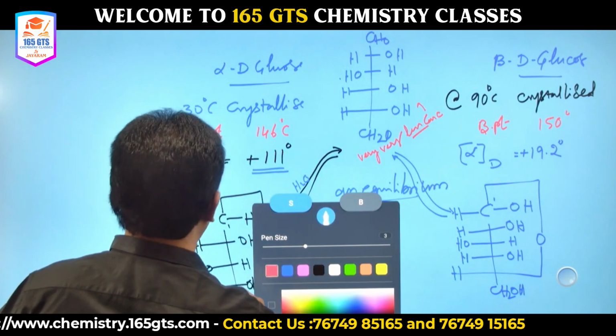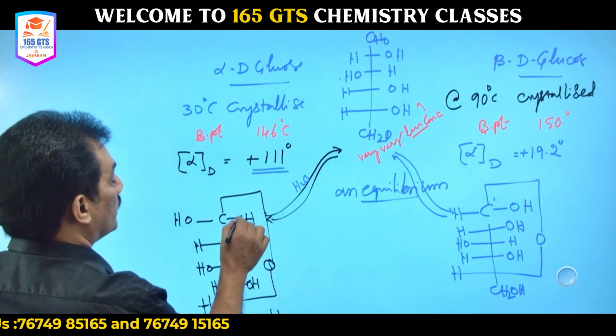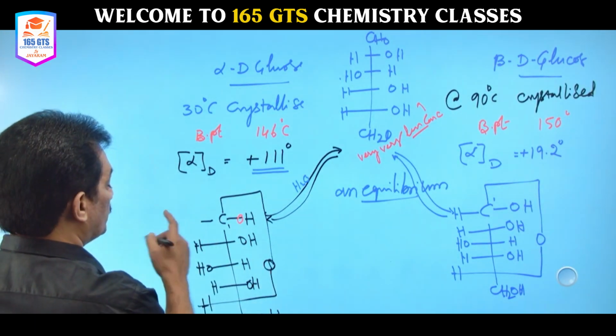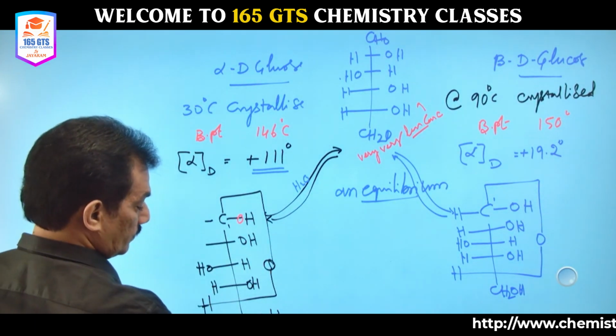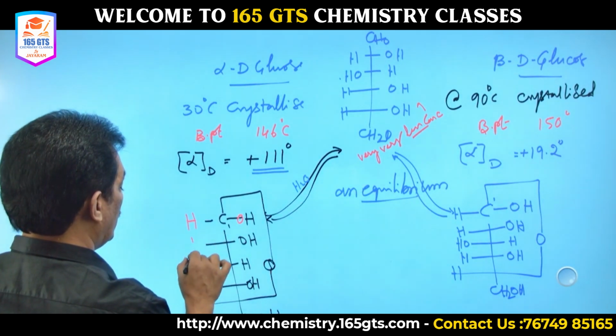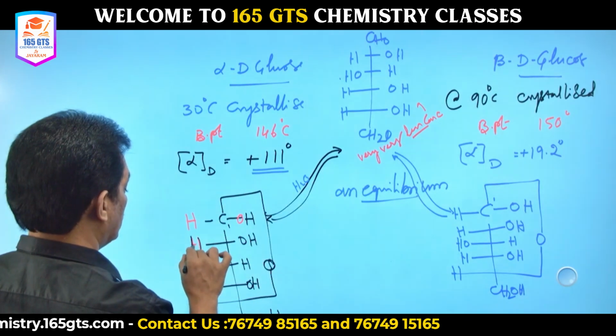Dear students, just observe, the beta structure is written here. Alpha should possess OH on this side, and this should possess hydrogen. Okay, let me make this like this.